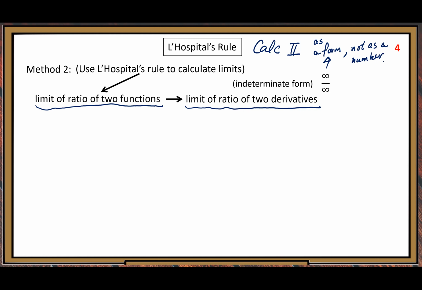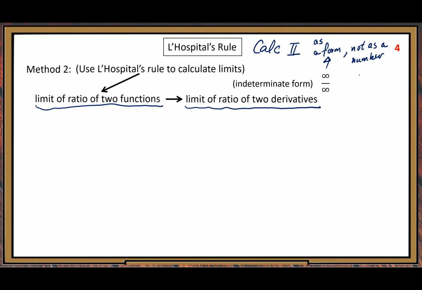If you treat this expression as a number, it does not make sense. It does not exist. There is no such number that equals infinity over infinity. So we do not treat it as a number. We treat it as a form. The meaning of that form is the ratio of two functions.